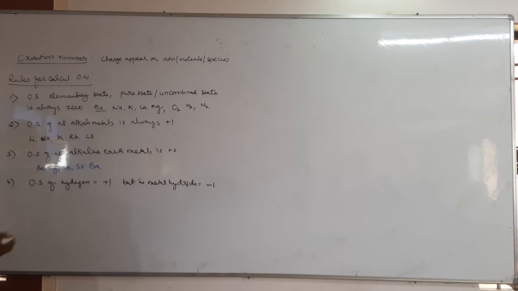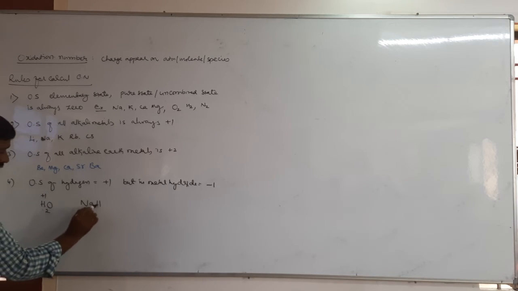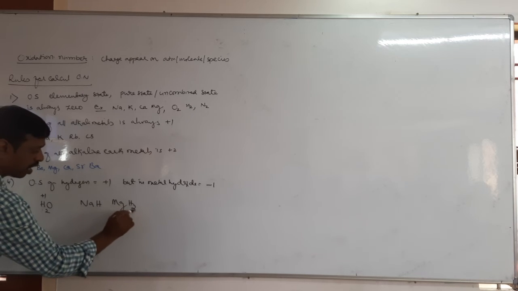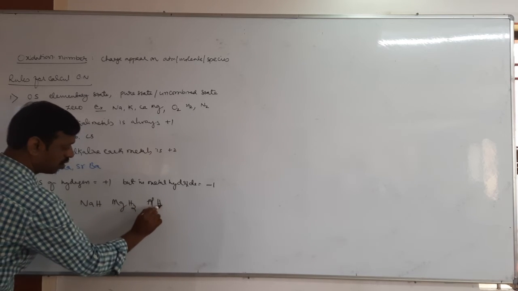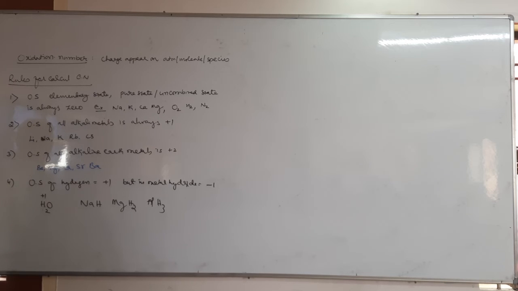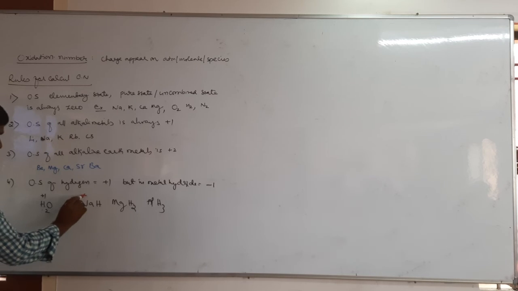For example, let us take H2O. Tell me, in H2O, what is the oxidation state of hydrogen? It is +1. Whereas in case of sodium hydride or magnesium hydride or aluminium hydride, these are metal hydrides. So what are metal hydrides? When hydrogen is combined with metal, they are called metal hydrides. We know that metal is positive, sodium +1.